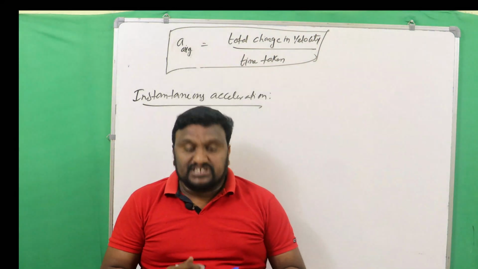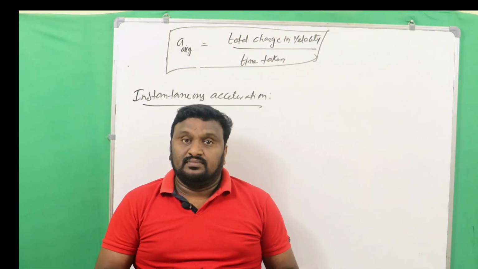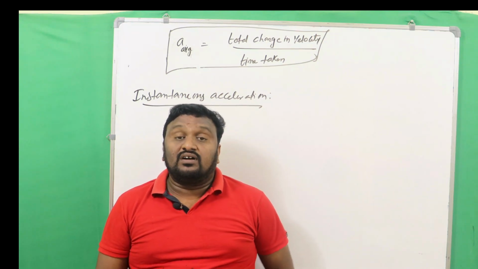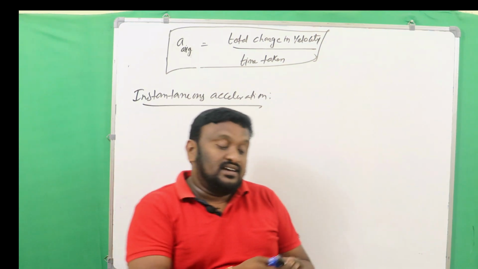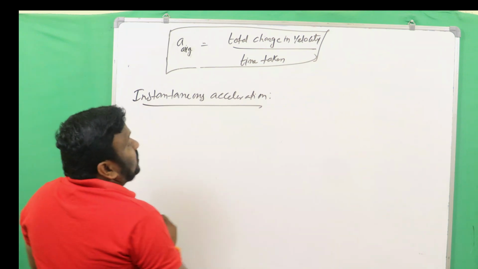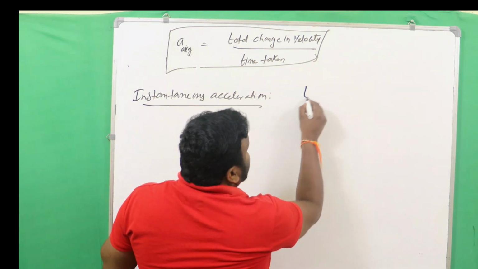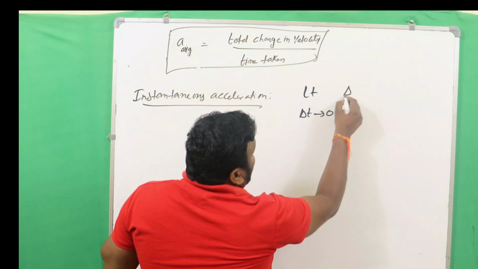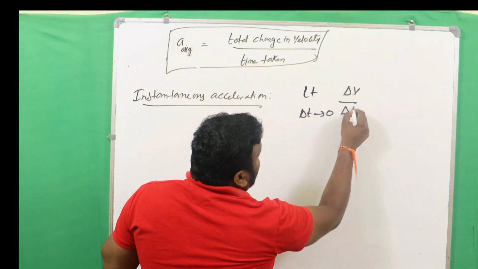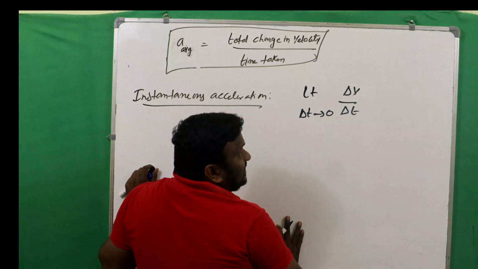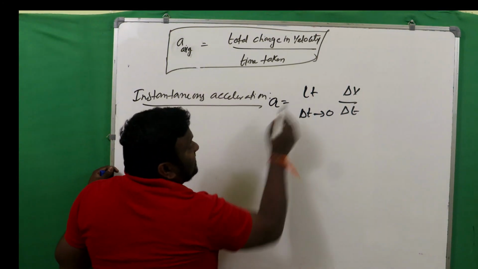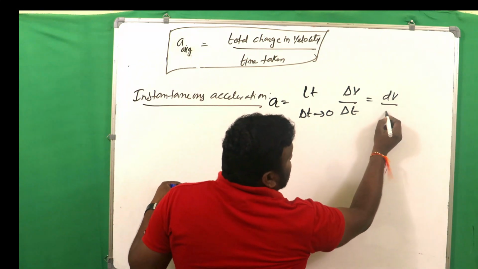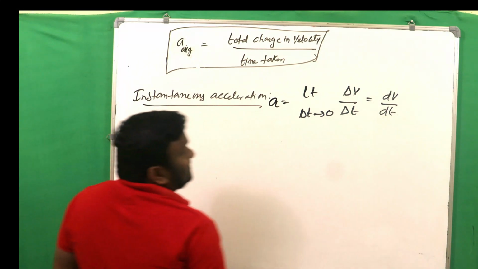It can be shown with a formula like this: limit delta t tends to 0 of delta v by delta t. So this is instantaneous acceleration, and it is nothing but dv by dt.